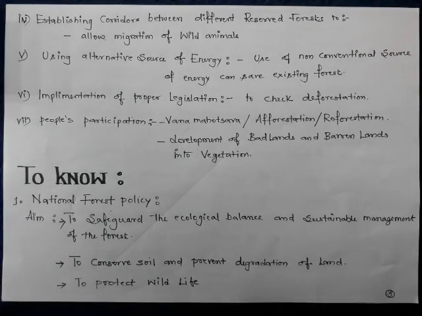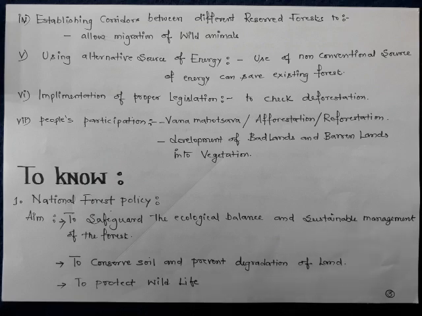There are various programs being initiated by the government keeping in mind the conservation of forest. For example, you have the National Forest Policy. This is important from the board examination point of view. They usually ask a 2 mark question to list 2 main aims of the National Forest Policy.